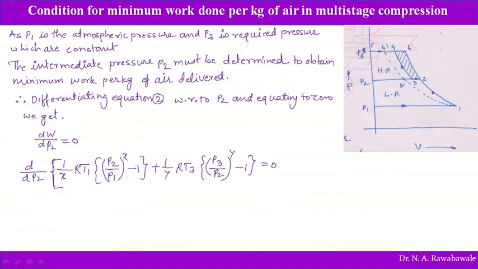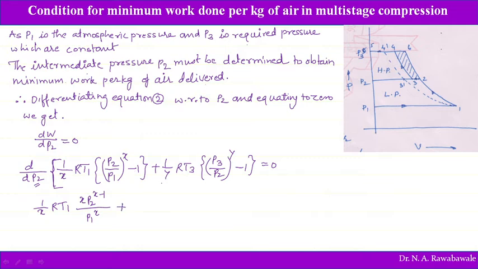Now let us differentiate this first part. It is differentiated with respect to P2, so all other terms are treated as constant. 1 by x is constant, R T1 is taken as constant. In this bracket, P2 to the power of x divided by P1 to the power of x. So the differentiation of P2 to the power of x is x P2 to the power of x minus 1, and P1 to the power of x is treated as common. Differentiation of minus 1 is 0.